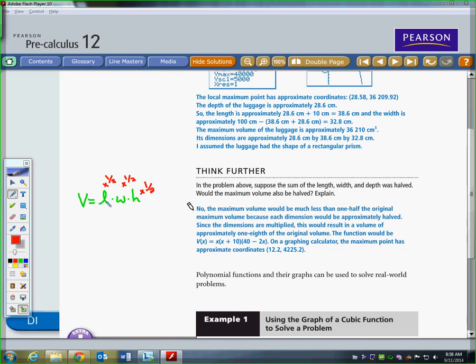Well, if I was to make the length half as much, then the volume as a result would be half as much. If I were to also make the width half as much, then the volume would be half as much because of the length, half as much of the width, and then just by extension, same thing for height. So the combined effect of multiplying by 1/2 3 times would be multiplying by 1/2 cubed, which is the same thing as 1/8. So that's what they're saying here. The volume would be more like 1/8.